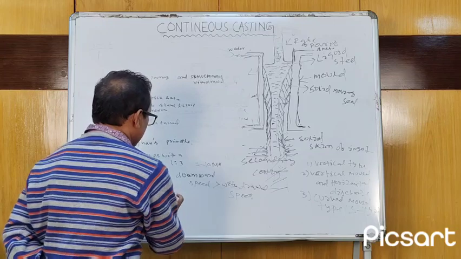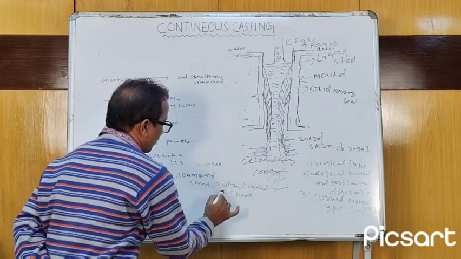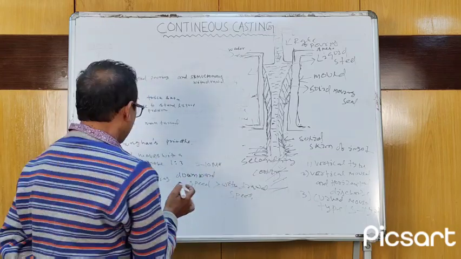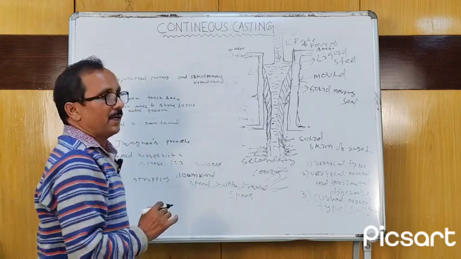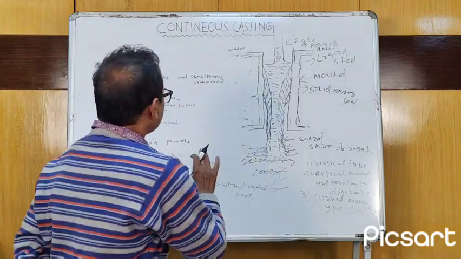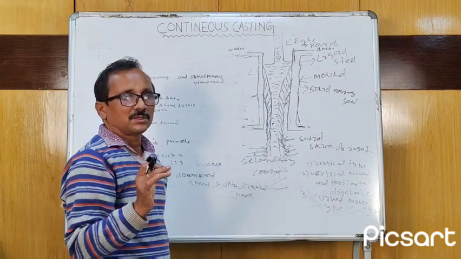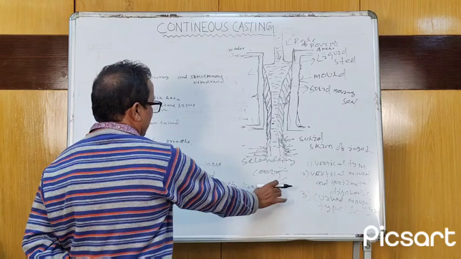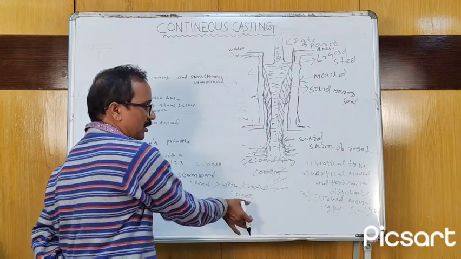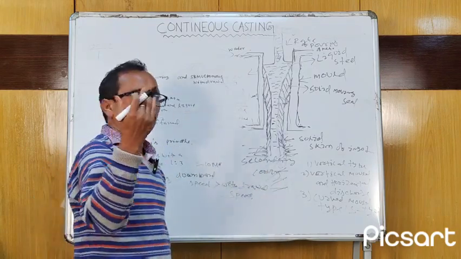So this downward speed should always be maintained, which is called negative stripping. In this process the ingot is formed, goes on continuously, is cooled in secondary cooling, then cut, and supplied to other areas.